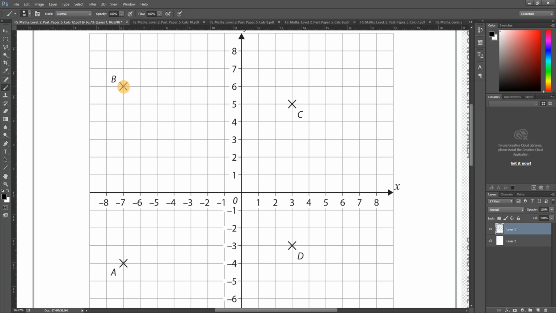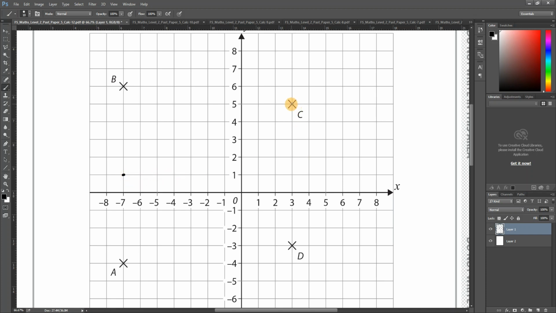Let me just find out what the center would actually be. So how many squares is it from A to B? 1, 2, 3, 4, 5, 6, 7, 8, 9, 10. So if it's 10 squares apart, that means halfway would be 5. So 1, 2, 3, 4, 5 is right there.